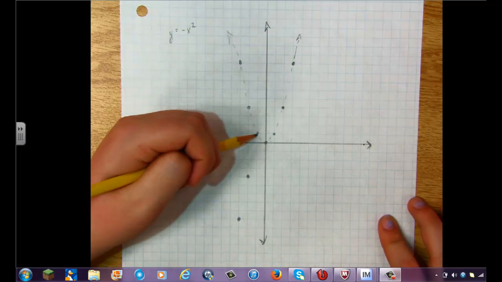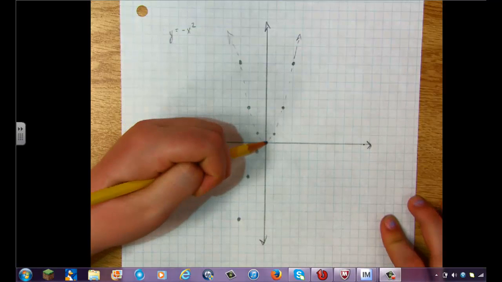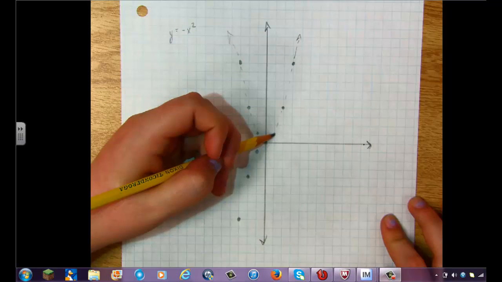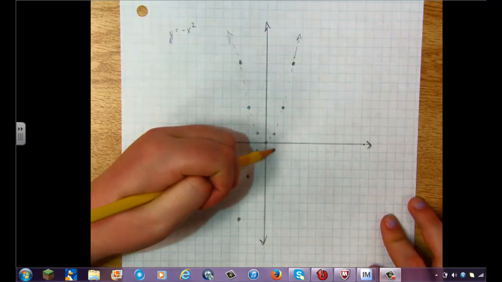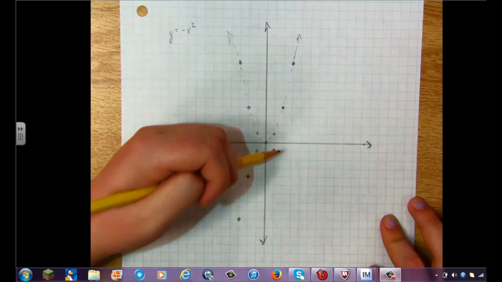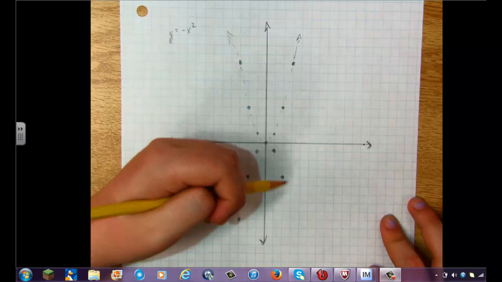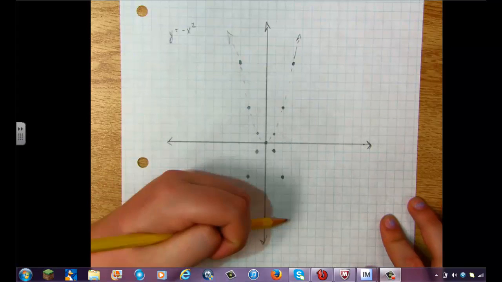Negative 1, 1 would be negative 1, negative 1. 0, 0 would stay the same. 1, 1 would be 1, negative 1. 2, 4 would be 2, negative 4. And 3, 9 would be 3, negative 9.